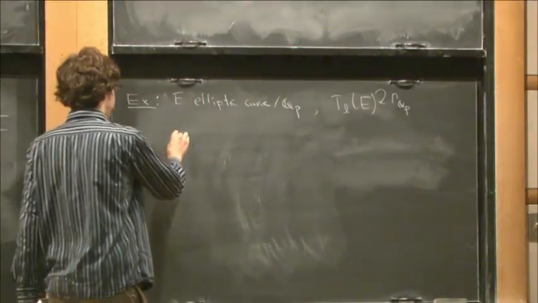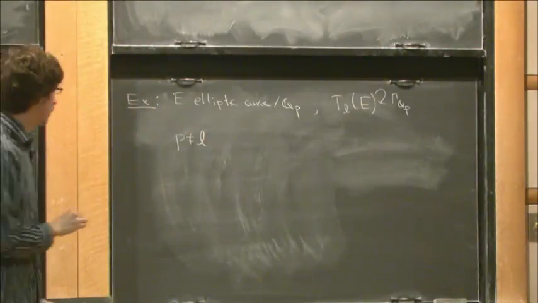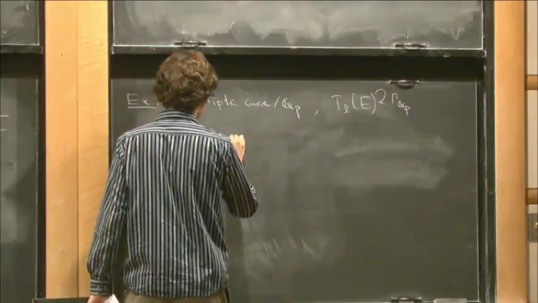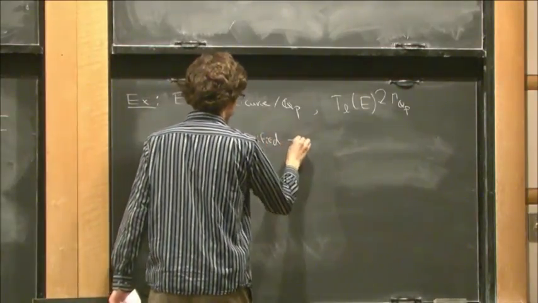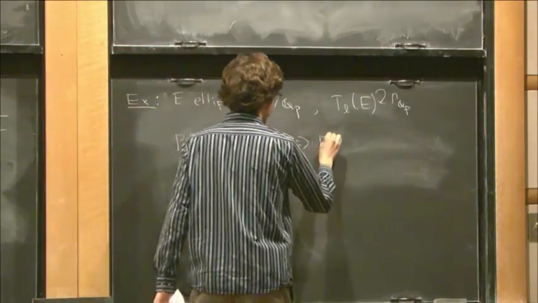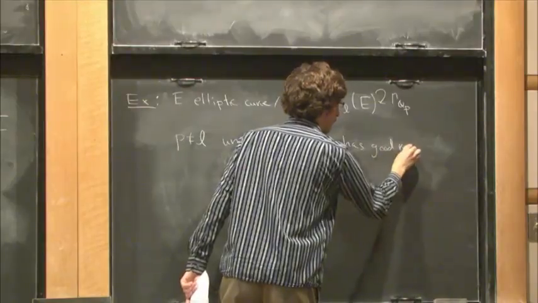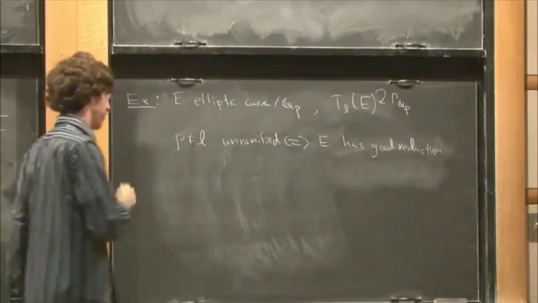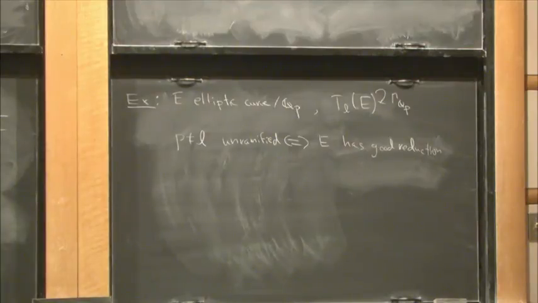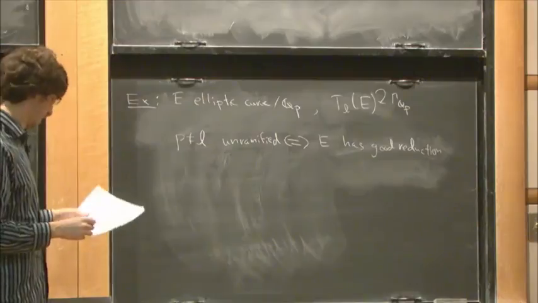Then if p is not equal to L, we have this nice criterion which says that this Galois representation is unramified if and only if E has good reduction. So in particular, the geometry of E is reflected in this unramified condition on the Galois representation.